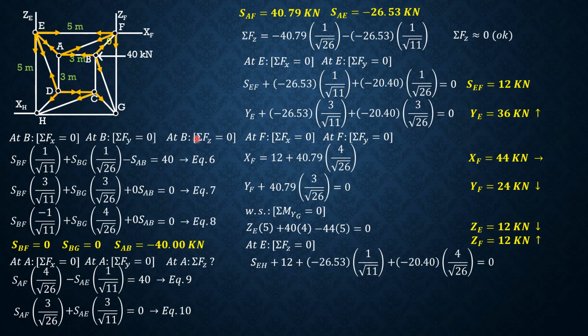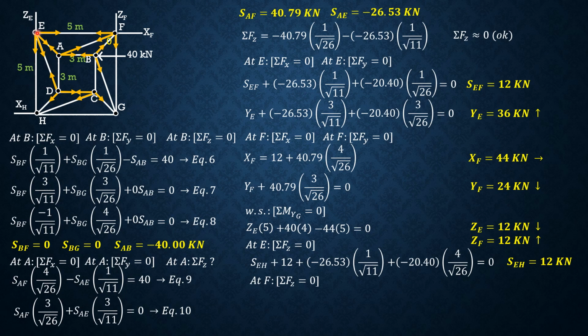SDE is negative 20.4 times 4 over square root of 26 equals 0. So DE is negative 20.4 from the preceding slide. So solving for SEH, SEH is equal to 12 kilonewtons tension.